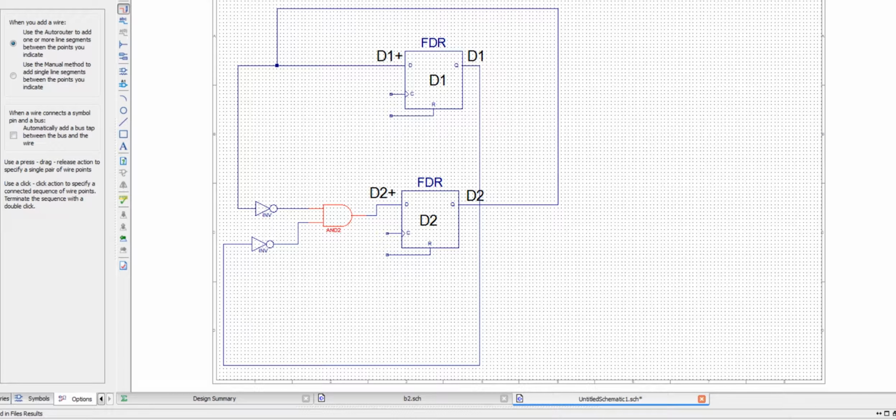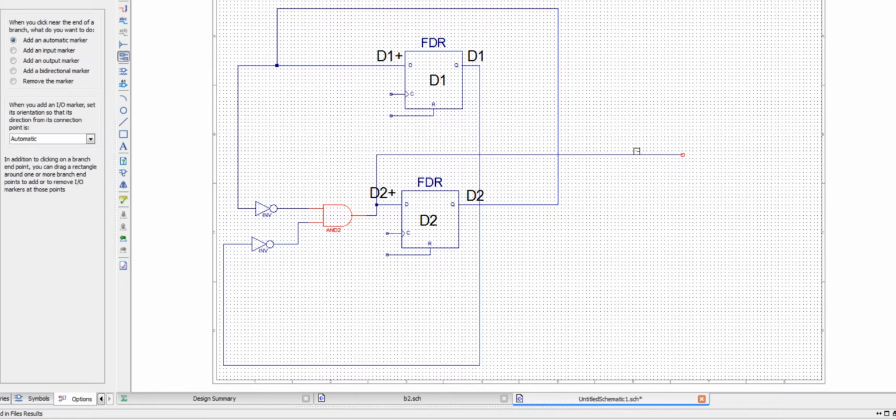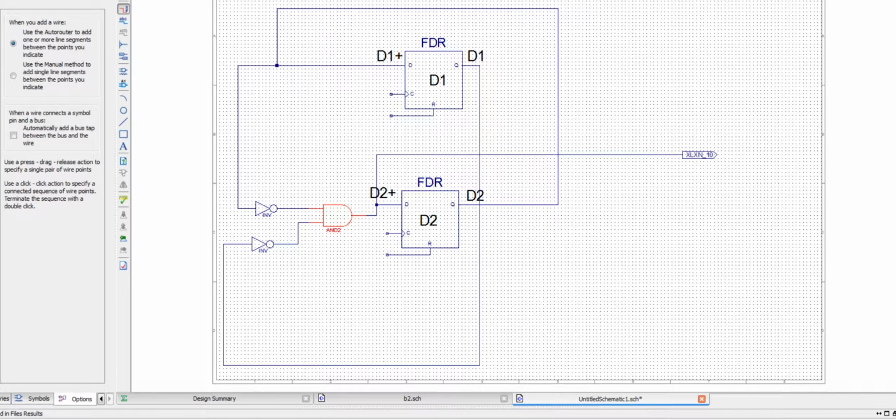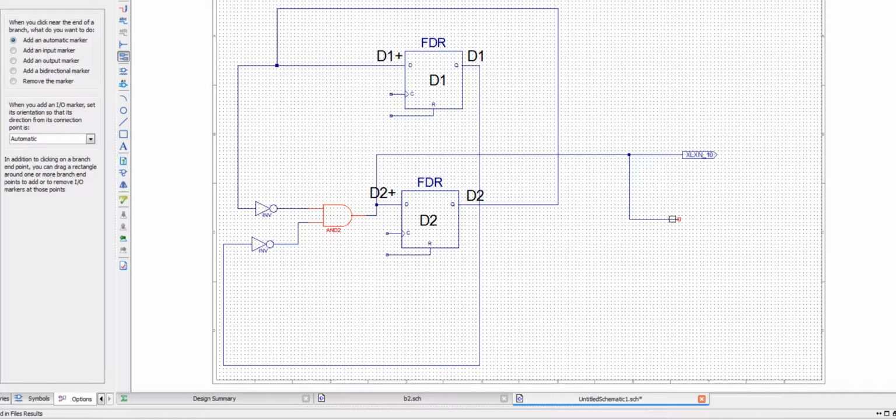So I can just get one output from here and put an output sign here, and I can do the same for the others. I connect them.